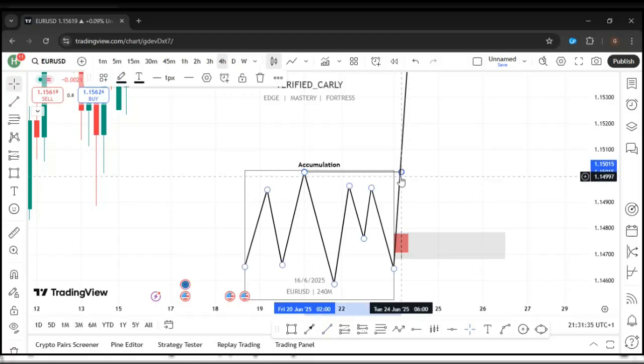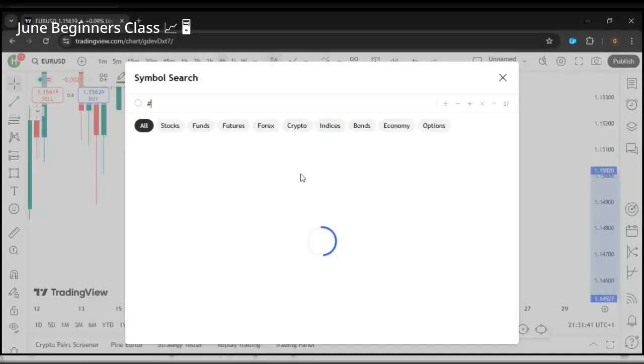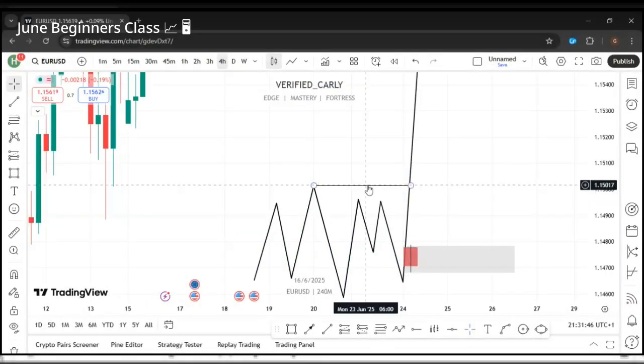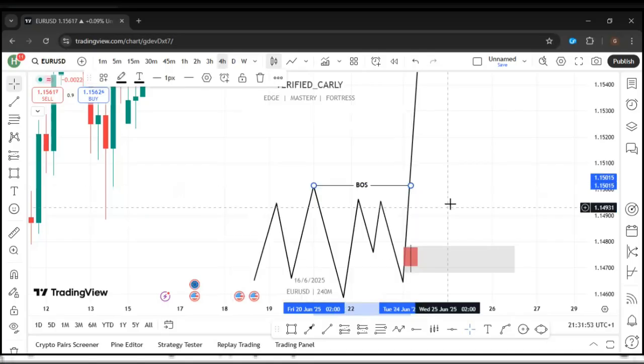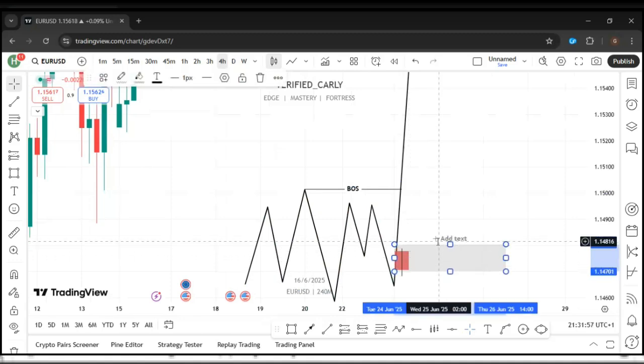If you look closely, price broke structure. Let me remove this accumulation label. Price broke structure within this zone. So we had a break of structure here, that is BOS, as we said earlier. So this right here is your order block.